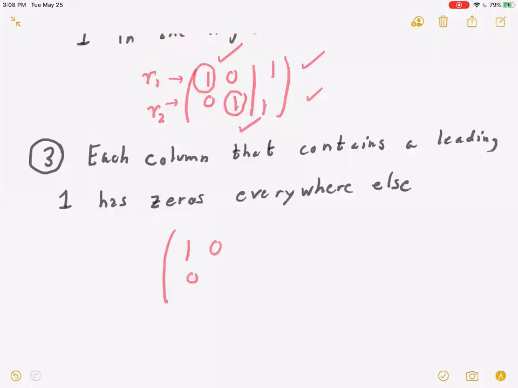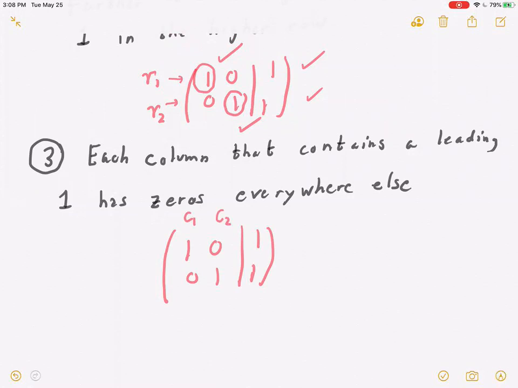We claimed in the previous problem this was an example of an augmented matrix written in reduced row echelon form. Here is column 1 and here's column 2. It's clear that column 1 has a leading 1 in it.